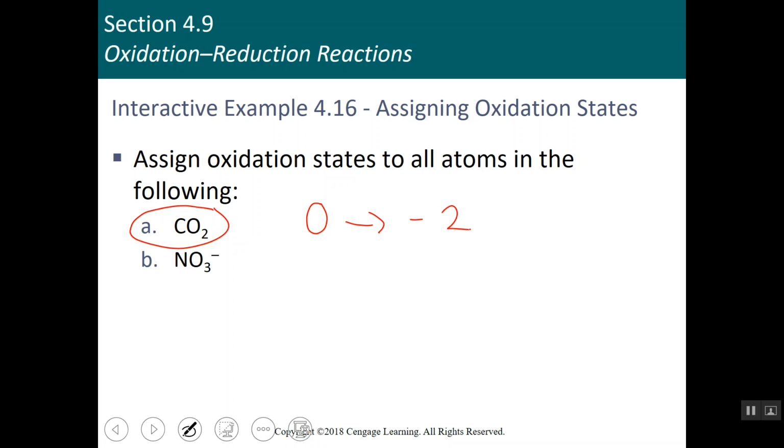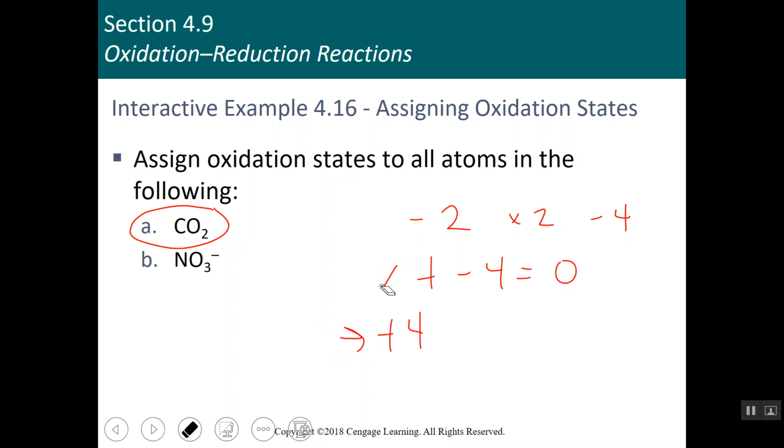We have 2 oxygens, so the total oxidation state of my oxygen is -4. And since this compound has to equal 0 because it's a neutral compound, that means the oxidation state assigned to the carbon would be +4, and since there's only one carbon, carbon's oxidation state is going to be +4. Okay, does that make sense?